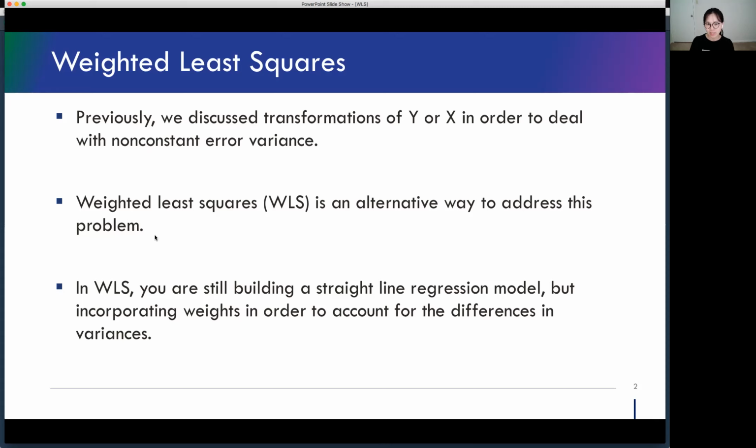So weighted least squares is just an alternative way to address that problem. So again, in weighted least squares, we are still building a straight line regression model. So it's still a linear regression model, but we are incorporating the weights in order to account for the differences in the error variance. You will see that soon.